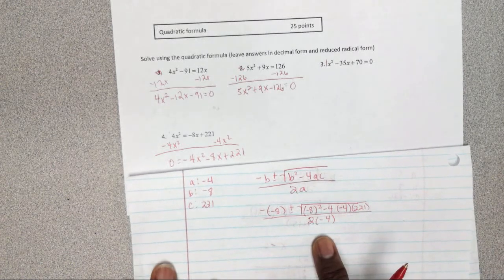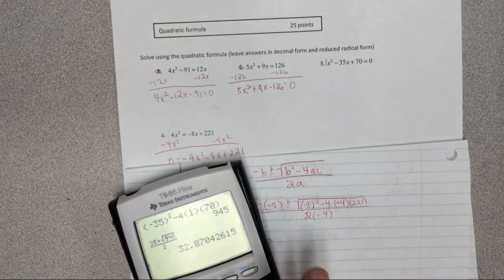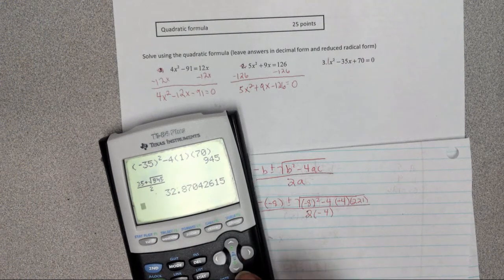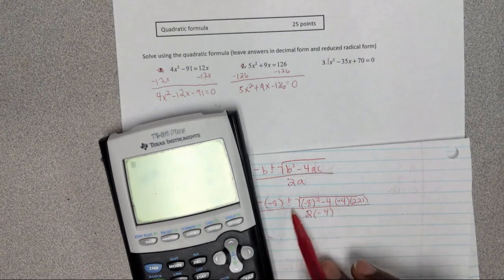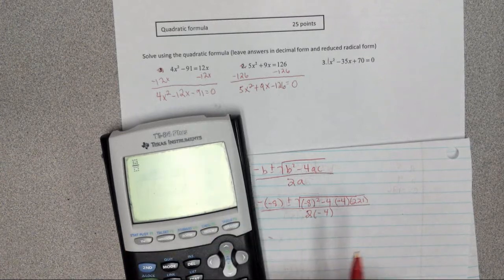Okay? I'm going to put that in my home window. Remember, if it doesn't have variables in it, it goes in a home window. You are not putting variables in this equation ever, right? So I'm going to hit alpha y equals enter.